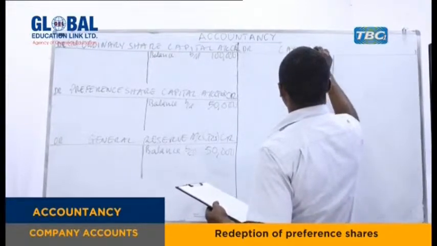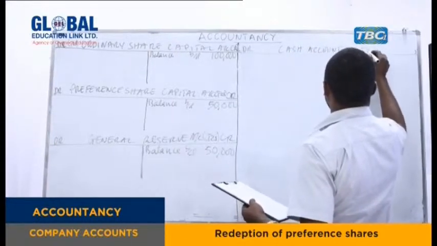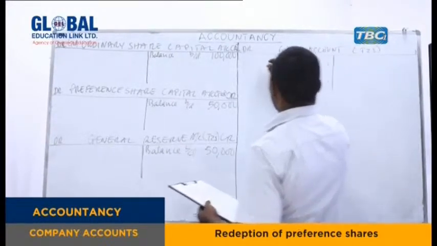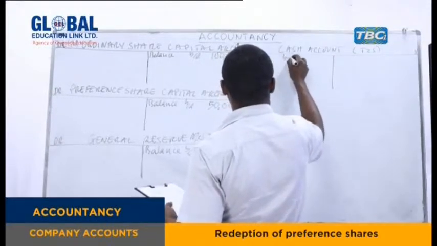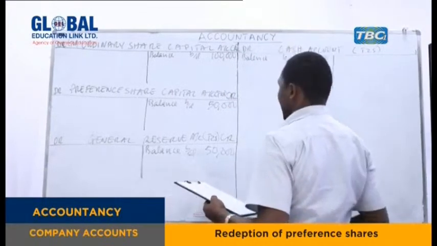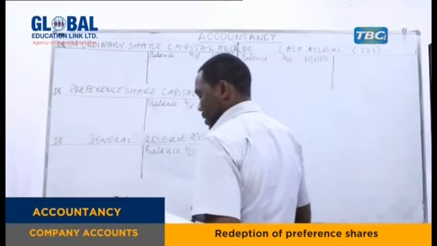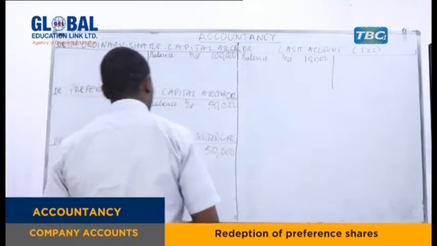Remember the amount in TZS. This will have a debit balance of 10,000. Okay, so we are almost done with the opening entries.